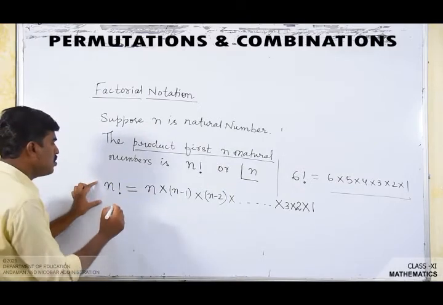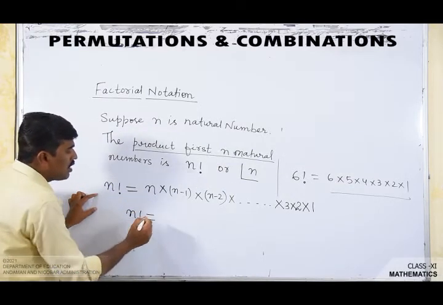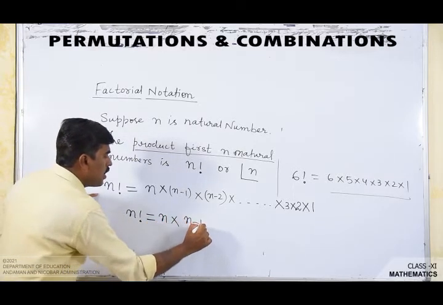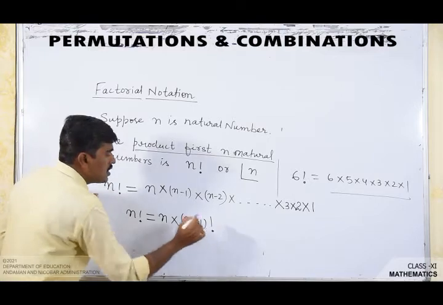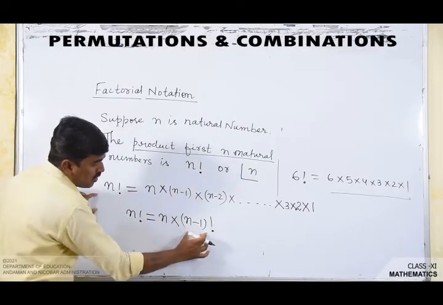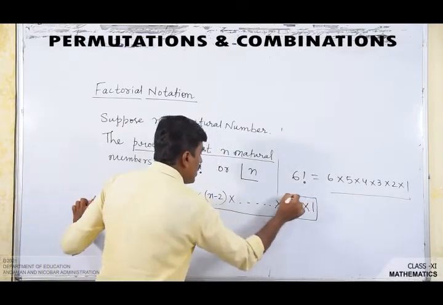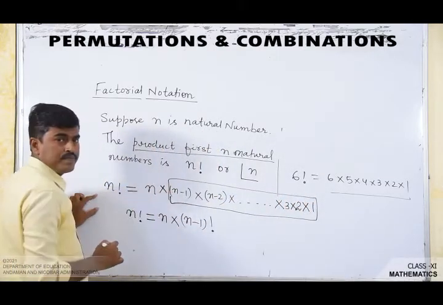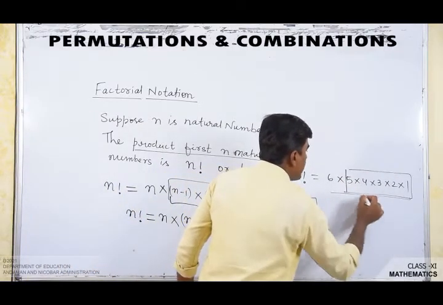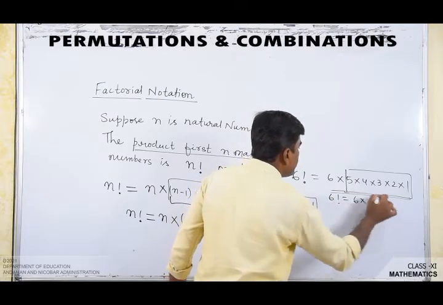So listen carefully, this n factorial can be written as n into n minus 1 whole factorial. Now I am stopping this at n minus 1. So this is the value of n minus 1 whole factorial. Clear? Like it is the value of 5 factorial. So this 6 factorial can be written as 6 into 5 factorial.